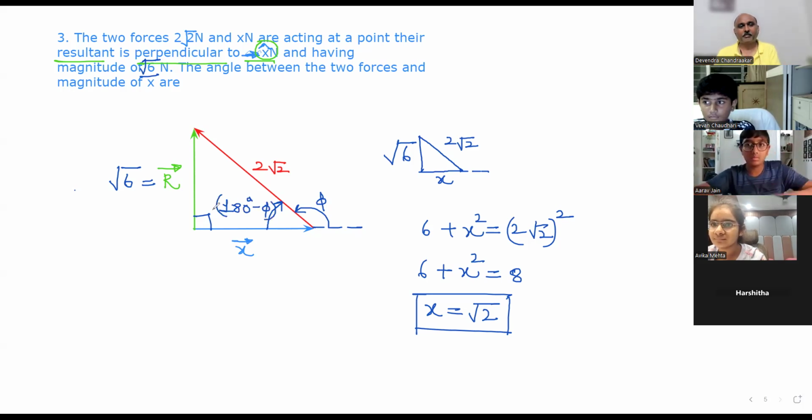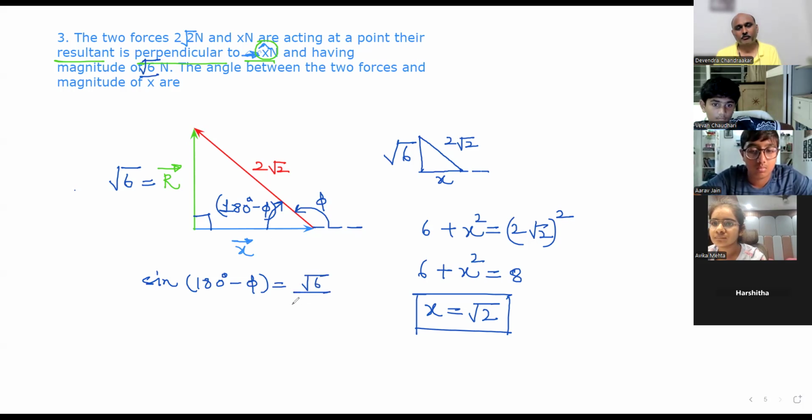Can you write sine of 180 degrees minus phi is root 6 upon 2 root 2? Yes or no? So sine of 180 minus phi is sine phi. Yesterday only you were telling me this. So now you got the value of sine phi.